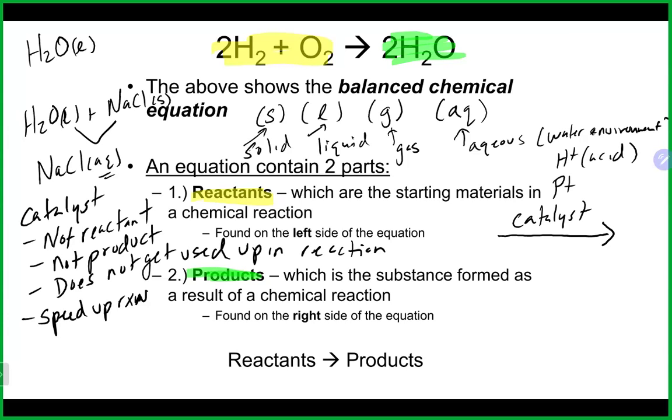It does so really by, for example, finding an alternative, more efficient way for that reaction to occur. So for example, let's just say you had gas molecules flying around. In order for that reaction to take place, they got to eventually come in contact with each other. So they got to actually collide with each other. They actually do have to hit each other with the right amount of energy for a reaction to take place.